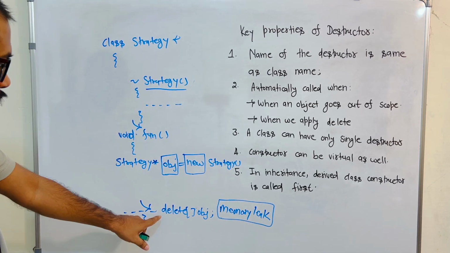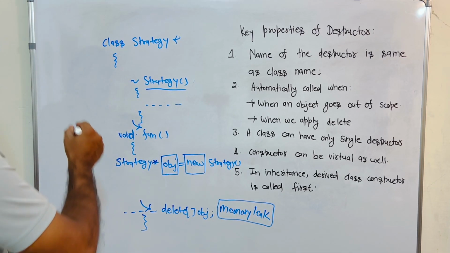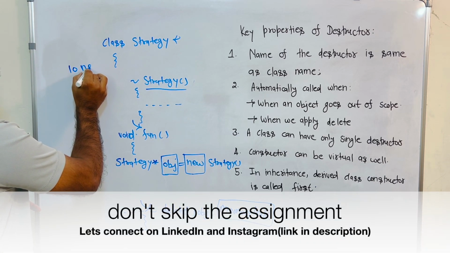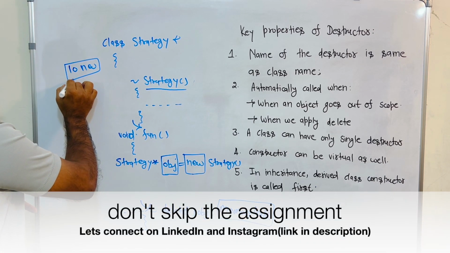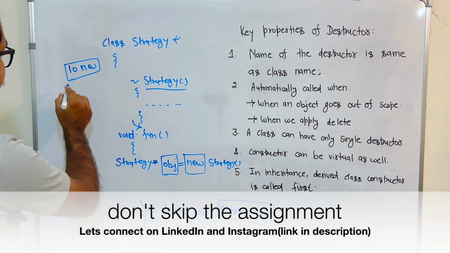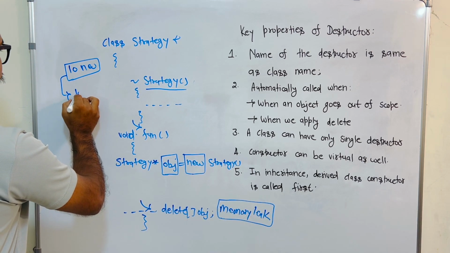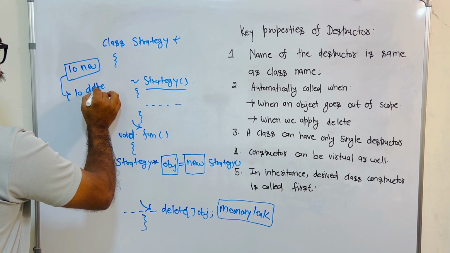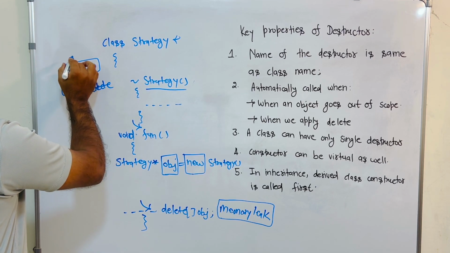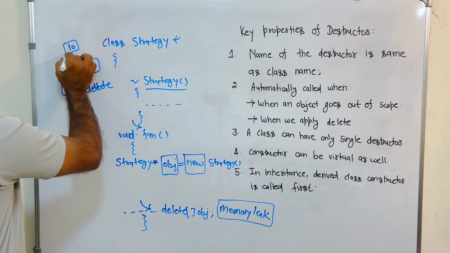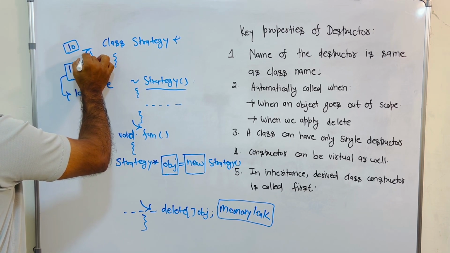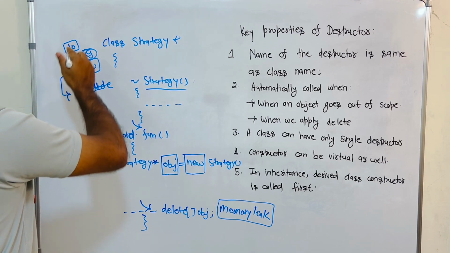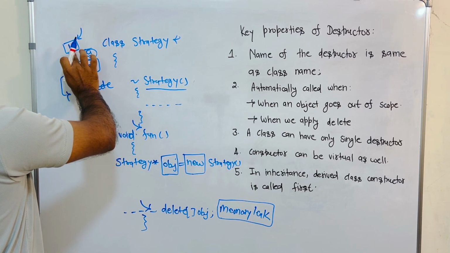So to avoid this, let's say there are 10 new keywords in my whole program, then there should be 10 deletes corresponding to each new. If I am having 10 new, but there are only 9 delete keywords in the whole program, it means there is a memory leak for one new.